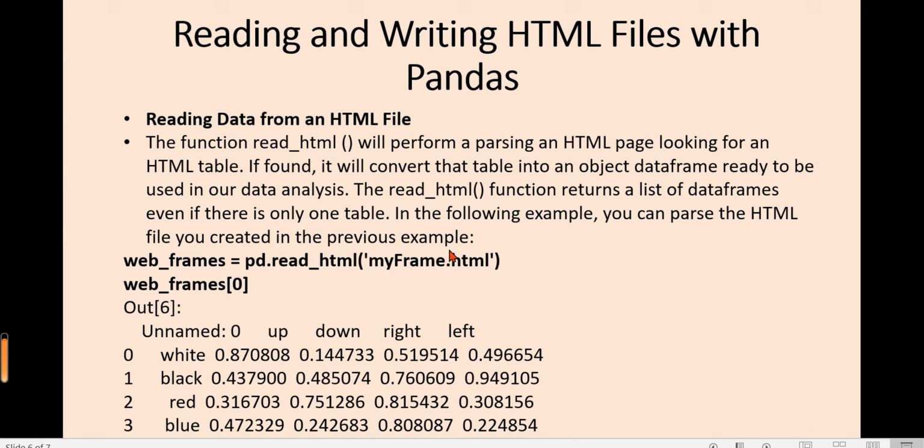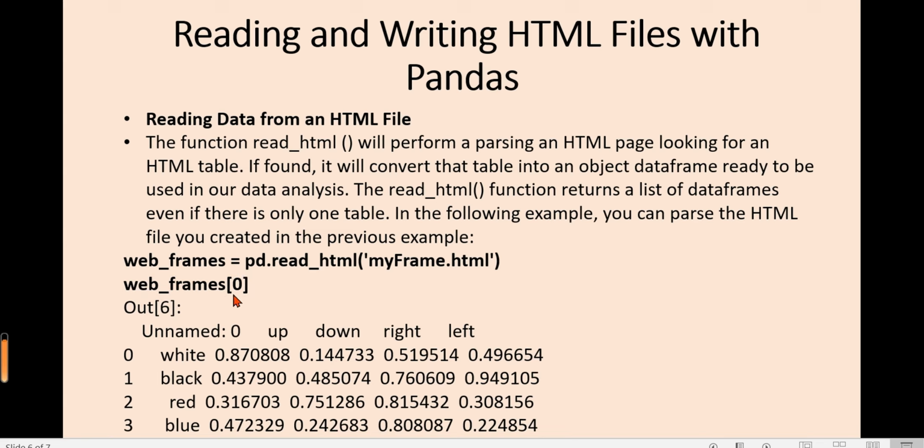We have created this HTML page in the working directory, and now we can read it using pd.read_html. The result will be a list of data frames, so we can choose the index of which data frame we want.